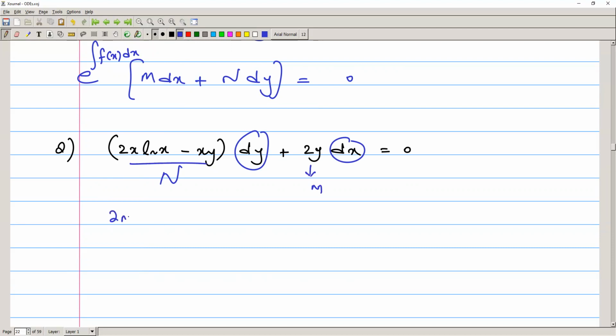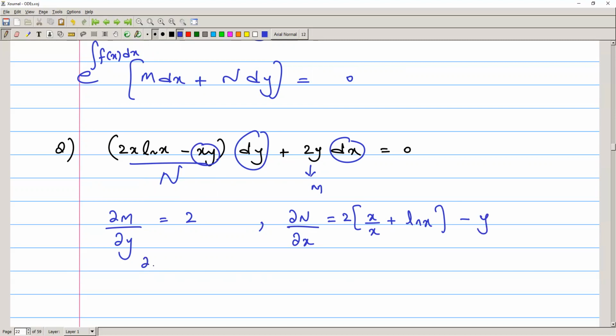So ∂M/∂y is equal to 2, and ∂N/∂x is equal to, for 2x ln x, we need to differentiate using the product rule. So this will be twice of x over x plus ln x, then minus, for xy, it will be y.